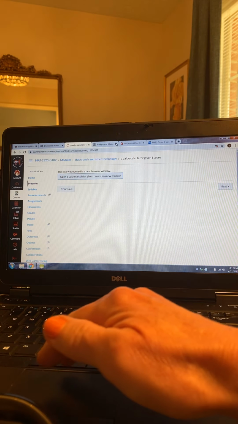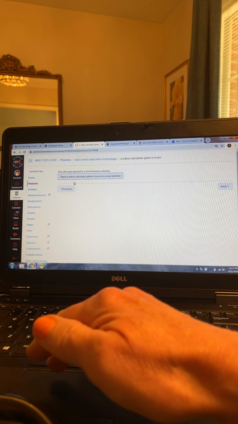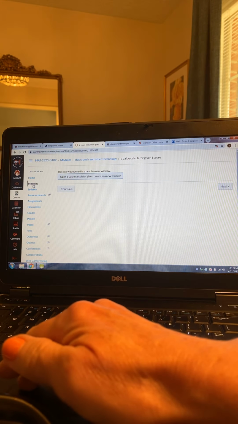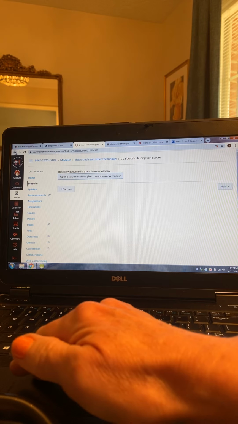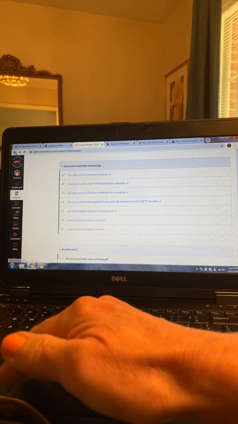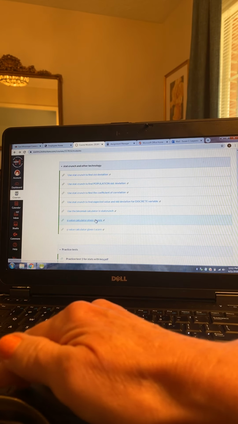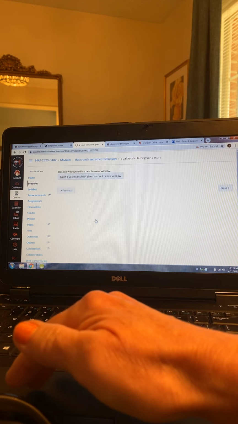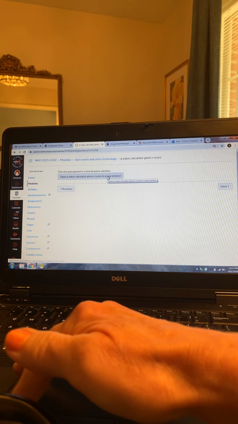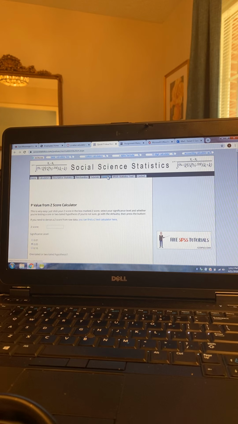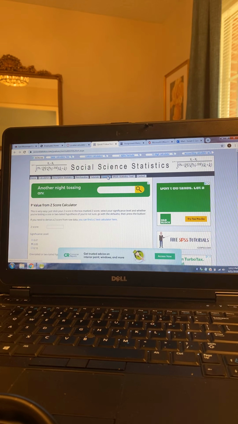And like I said, you can also use this for your z-score. Let's go back here and open up our p-calculator for our z-score. And let's find an example where we did z.